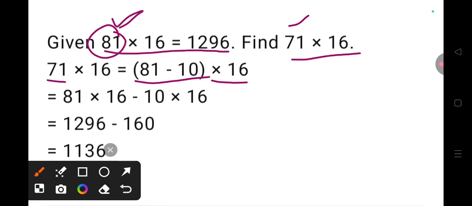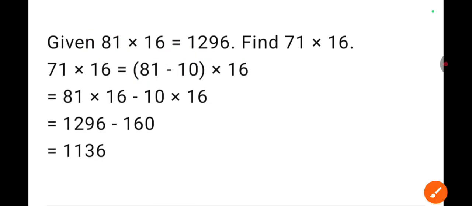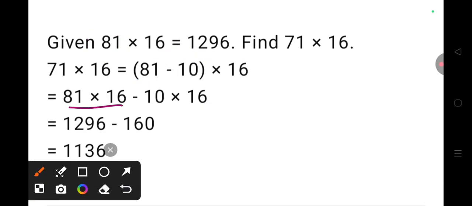So 71 can be written as 81 minus 10. Again distributive property: 81 into 16 and 10 into 16. Now these are the two terms of this expression. Here was a minus sign, so in between you have to put the minus sign, right? So 81 into 16 we will get 1296, 10 into 16 is 160, and after subtracting you got the answer 1136, right?